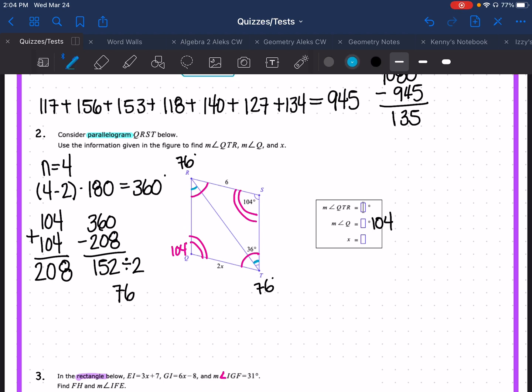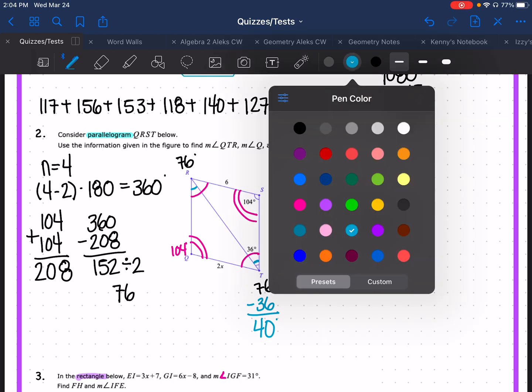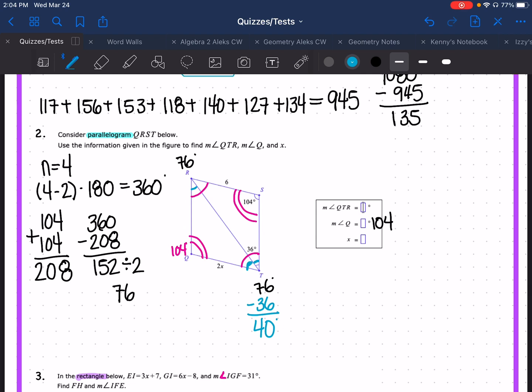Well, I know that the one part is 36. So let's subtract the 36 and we get 40 degrees. So angle Q, I marked it wrong. Oops, what am I doing? This one is 40 degrees.